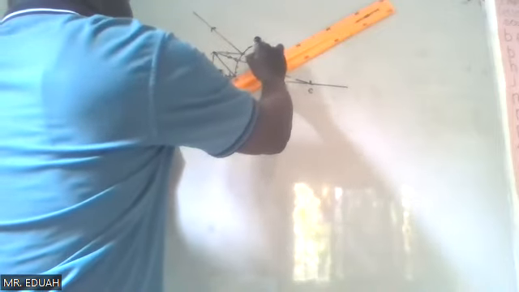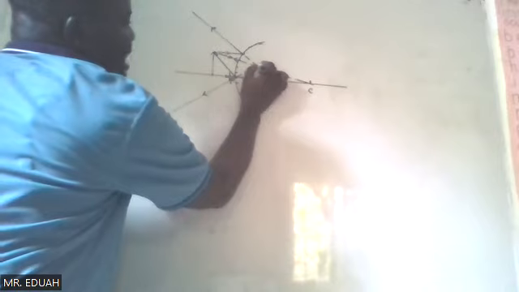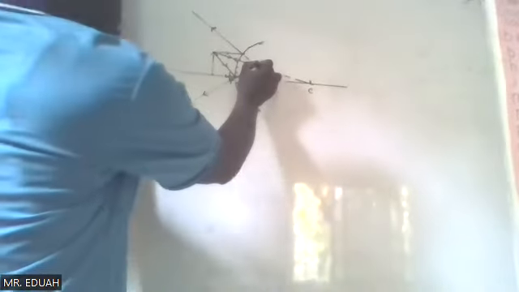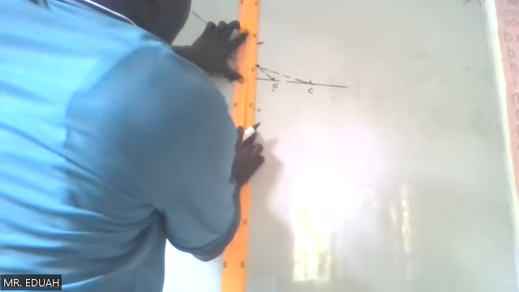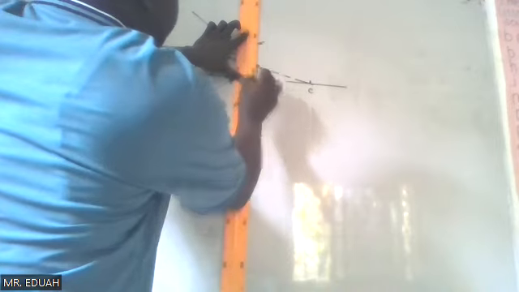When you extend back the reflected rays, they all appear to converge at a common point. Here I have used three rules, but we need only two. This is the point where all the reflected rays appear to converge, and that point is the position of the image.